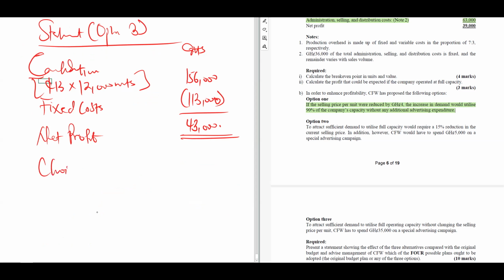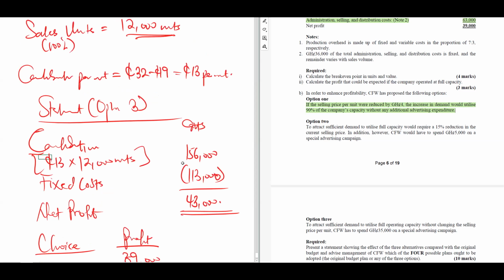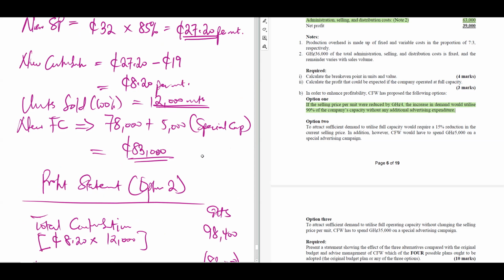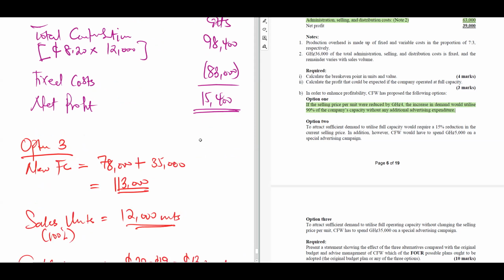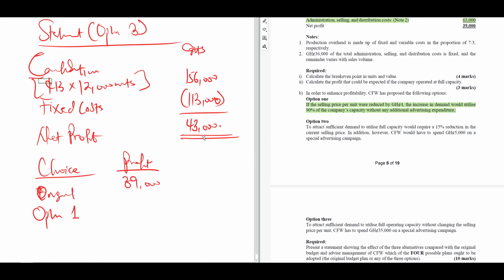So comparing all the options, let's see. For the existing or original budget, what was the profit? 39,000. Option 1, the profit was 19,200.